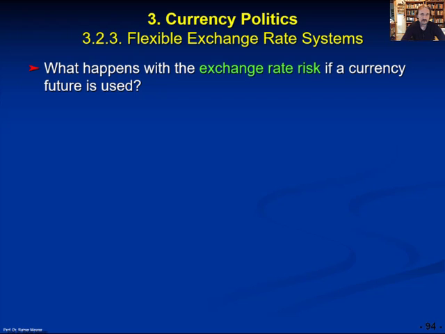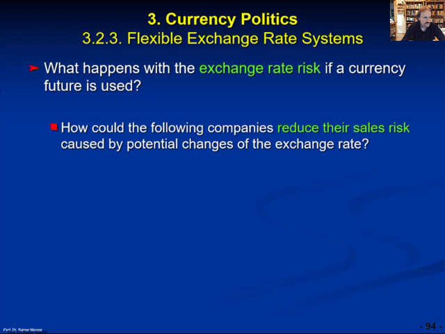It is, however, also interesting to analyze what happens with the exchange rate risk in case such an instrument is used. Let's analyze this for the case where a currency future is used to get rid of the exchange rate risk. To do so, let's again use a numerical example, similar to the one we have just used.